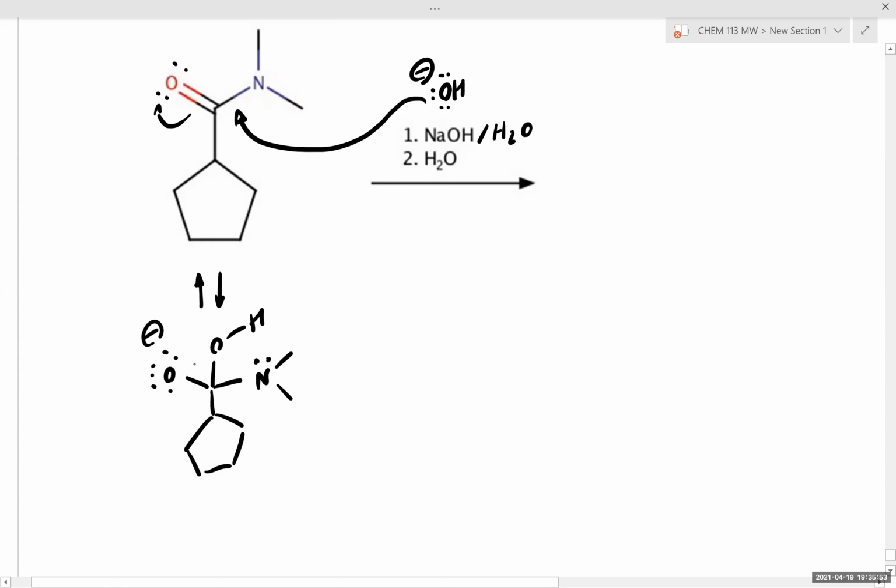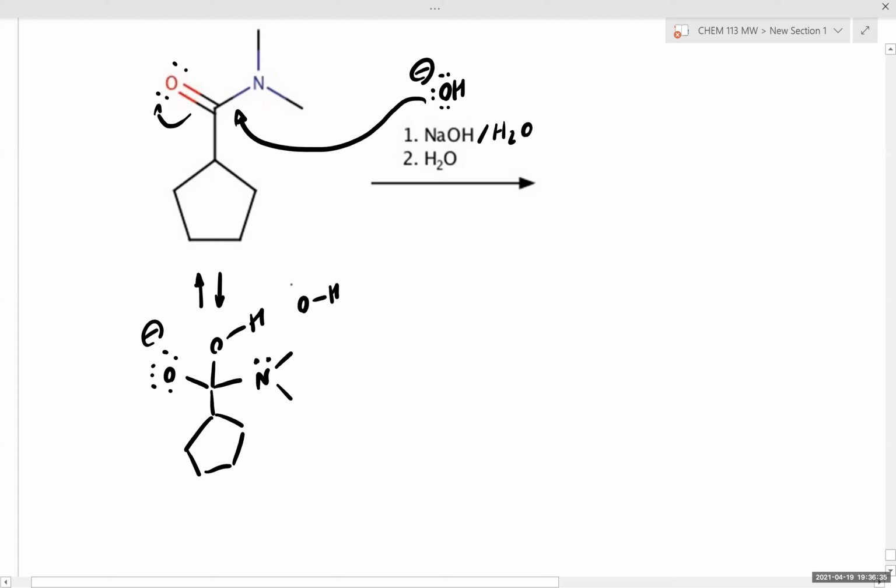So we noted that protonation can activate a leaving group and deprotonation deactivates a leaving group. So what can we do to this amide to set this up? If we wanted to activate this amine as a leaving group, what can we do? Protonate it, yeah, for sure.